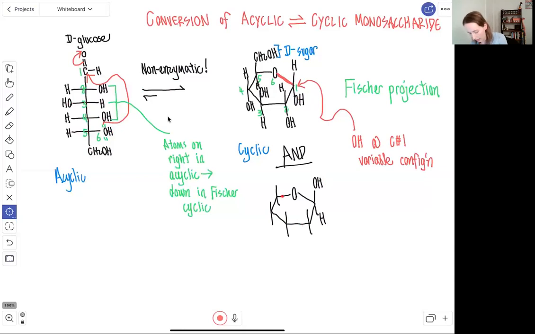Everything else around the ring is going to stay the same as the structure up top, because positions 2 through 5 have fixed configuration, since they come from a specific configuration of the starting structure, and nothing is directly happening at any of those carbon atoms. So there's no way to change the configuration of those from one stereoisomer to another. Going around the ring, I'm just copying the information from up top down below here.